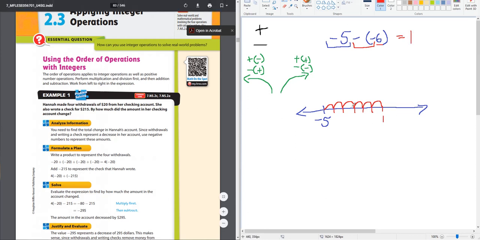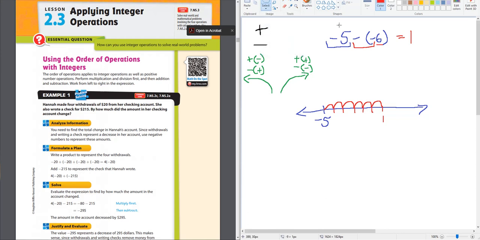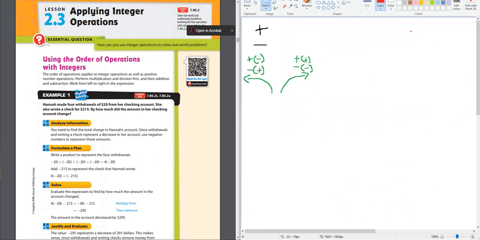All right. Now let's say we had an addition problem. So let me do this real quick. Let me cut that out. So let's say we had 14 plus -20. Oh, I don't want to do 20. Let's do -2.